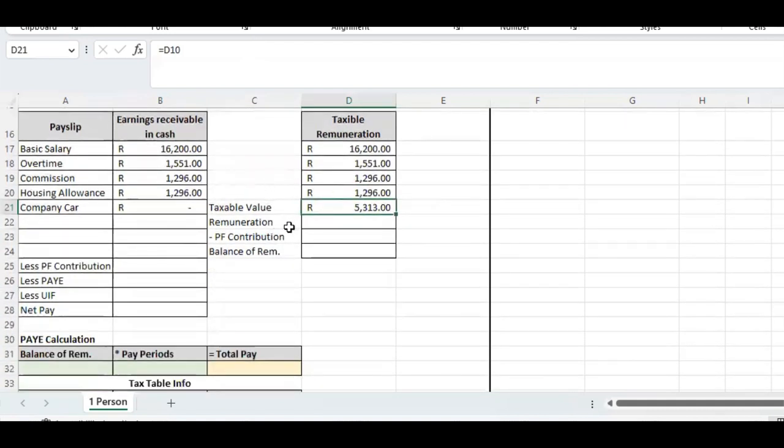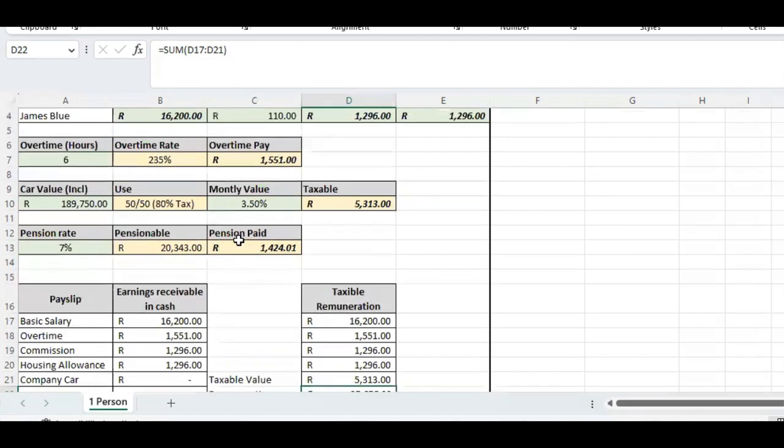Then what we do now is total everything in the taxable remuneration column, and when we total that, we get to an amount of 25,656. But before we tax him on that amount, we must first subtract his pension fund contribution.